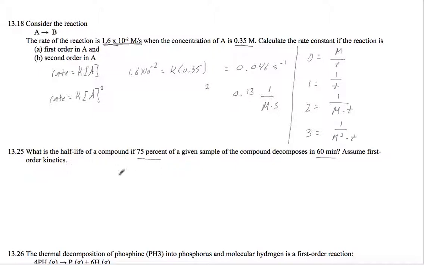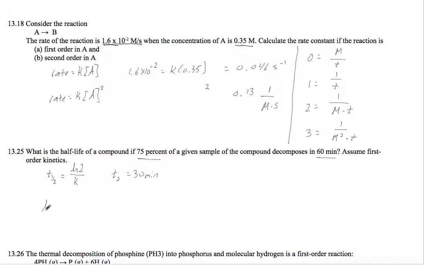So I know it's first order, and based on that integrated rate law equation sheet I gave you, the half-life of a first-order reaction is the natural log of 2 over the constant. This comes out to be 0.693, so we end up with a half-life equal to 30 minutes. Oh, I see. Oh, we need a little bit more in this, don't we? Because we don't have a constant. Well, this is the way to do it then, because we need to get that constant.